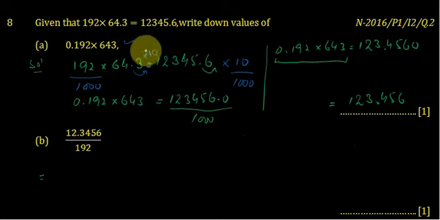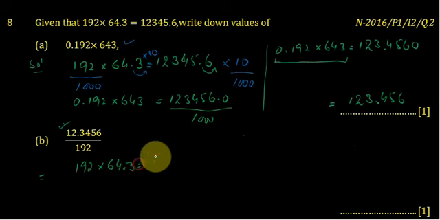In part B, again there is some similarity, but we have to perform some operation on the movement of the decimal so that we can find the answer of this division. So again we write the information given: 192 multiplied by 64.3 is equal to 12345.6. It is given in the question. Now we have to move this decimal three places left.